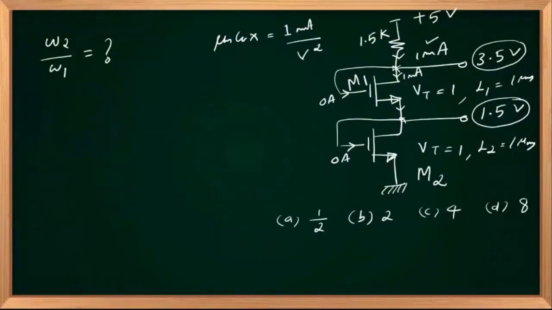Thus, that will come out through the source, 1 milliamp. Again, no branch current, 0 amperes to the gate. The same 1 milliamp flows as the drain current of the lower one that leaves here. Right, Archana says 4. Let us see that.